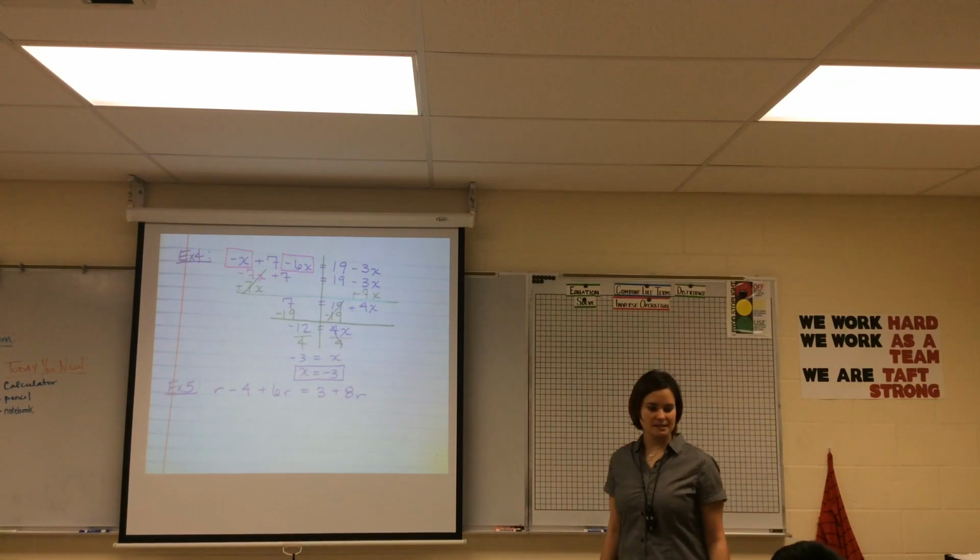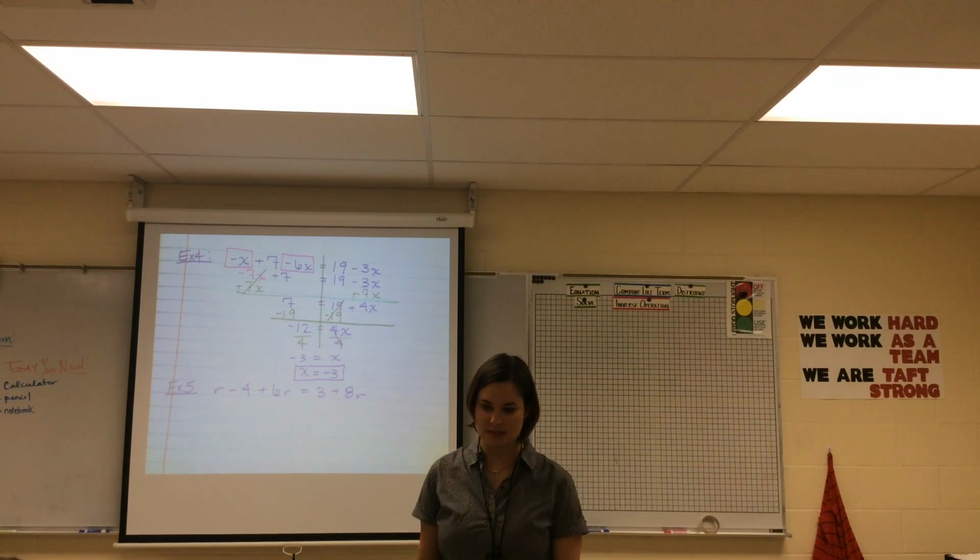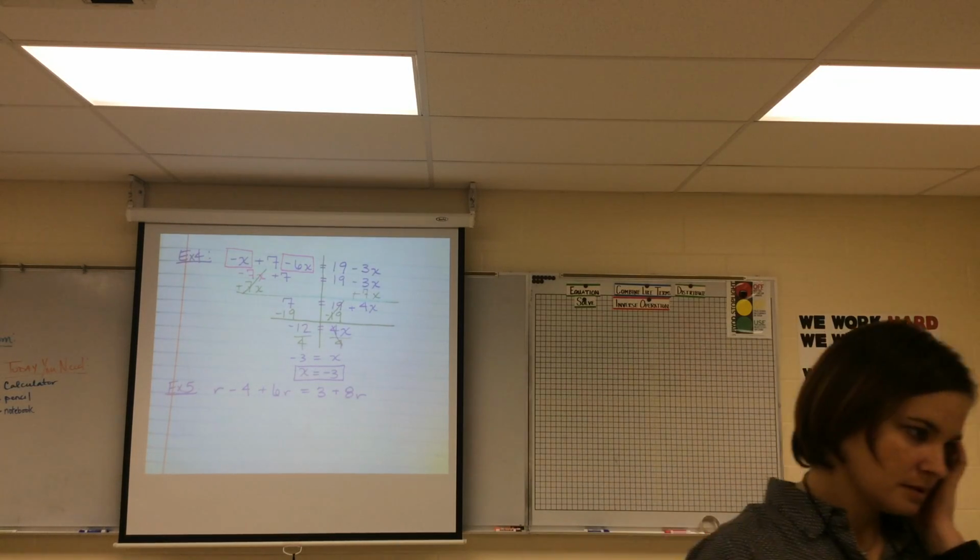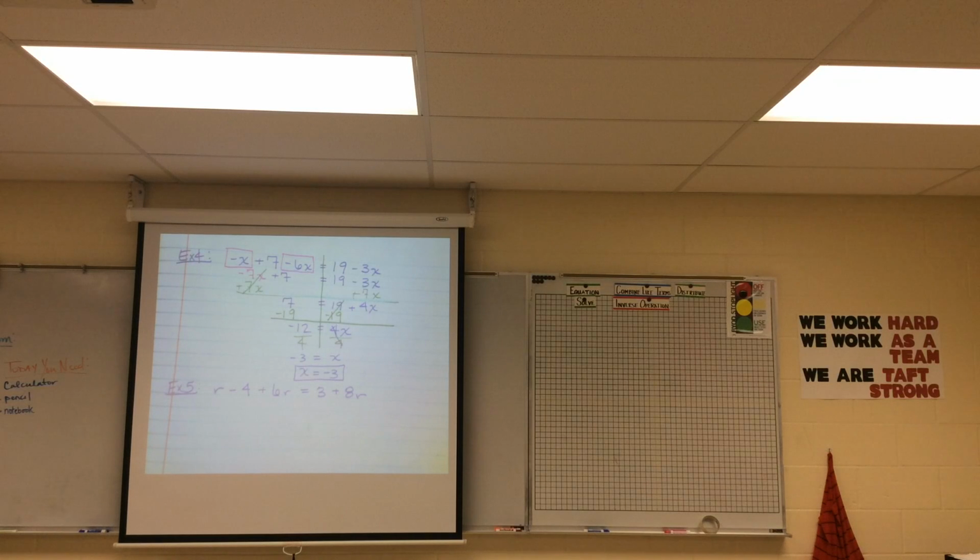All right, you guys, about 15 seconds, then we're going to come back together and check this one. We've got a couple of really good questions. You got it. That's exactly right. So then what's the inverse of positive 7r? Negative 7r. So you're going to subtract 7r from both sides. Perfect.